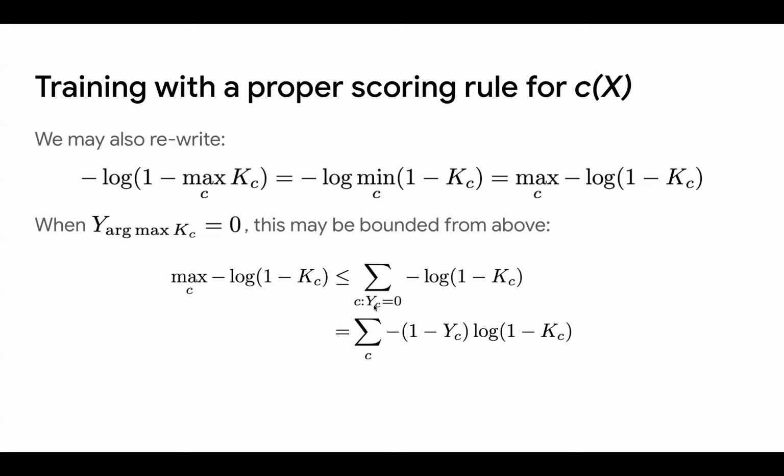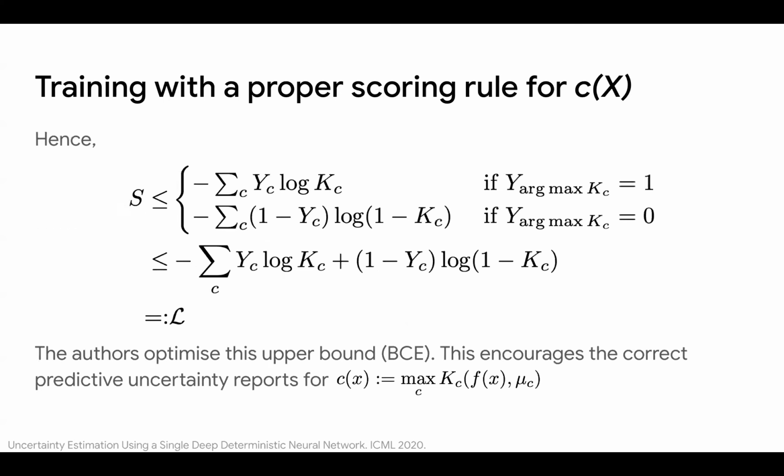This is a different way of writing this down. So this value here is 0 only when YC is equal to 1, which happens only once. In other words, you can bound your proper scoring with the following two expressions. And if you sum these two together, then this bound holds for any situation, whether your prediction is right or wrong, you're still bounded by this summation.